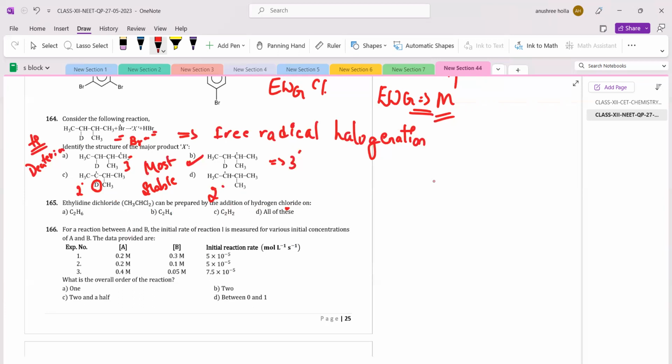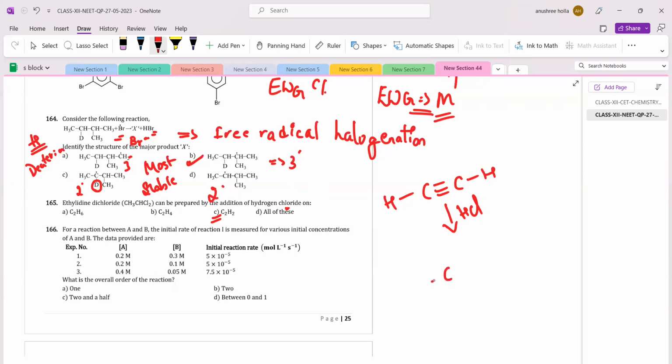Okay, so the correct option to this is this C2H2, your ethyne. Look, C2H2. This is your ethyne, isn't it? Now, if I add HCl to this, obviously this is an electrophilic addition reaction, your Markovnikov's addition.